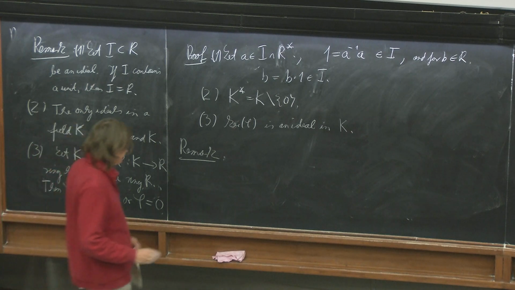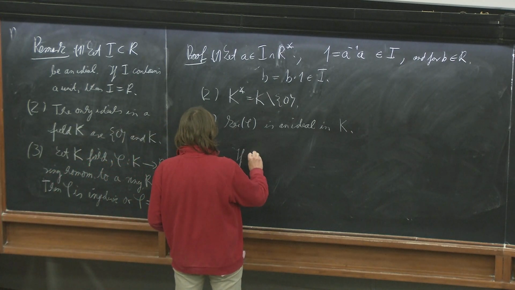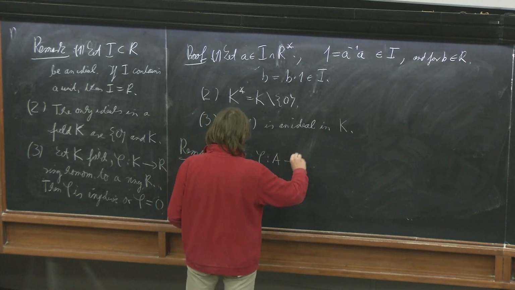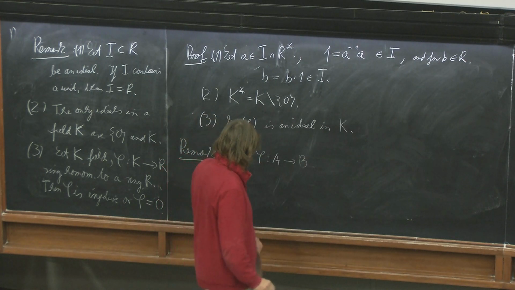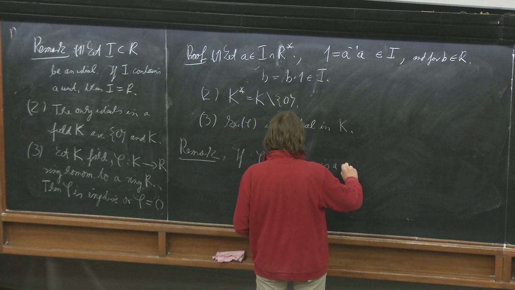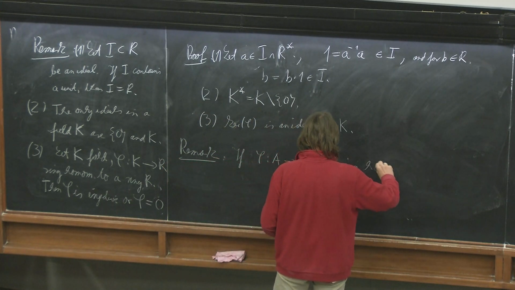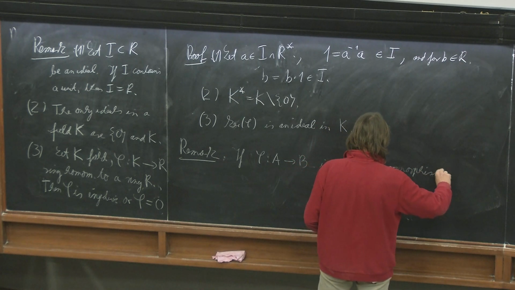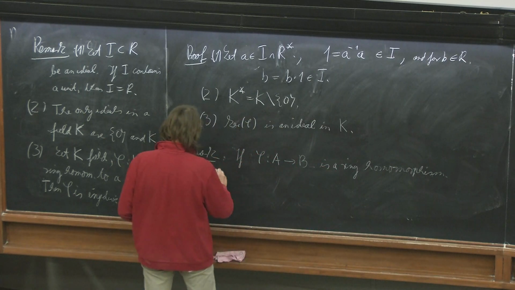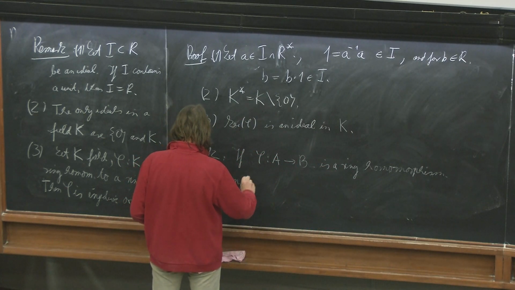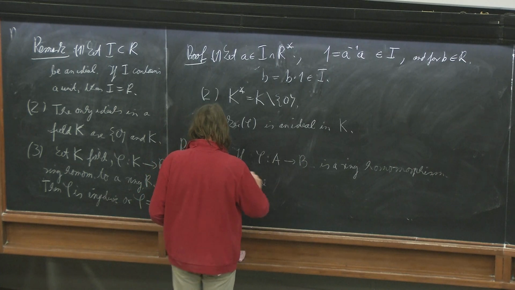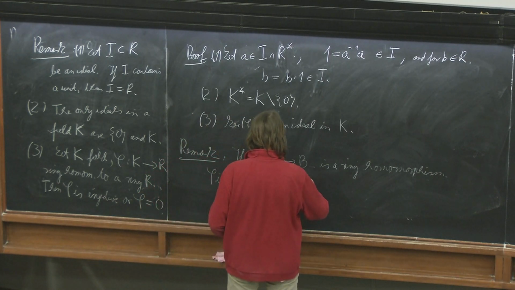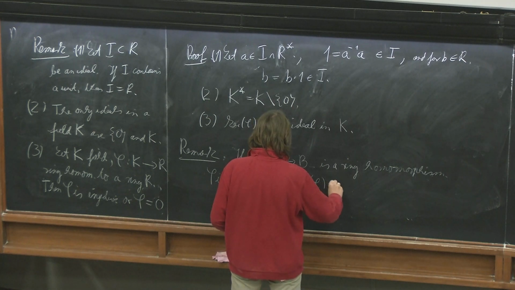So if phi from A to B is a ring homomorphism, then phi is injective if and only if the kernel of phi is 0.